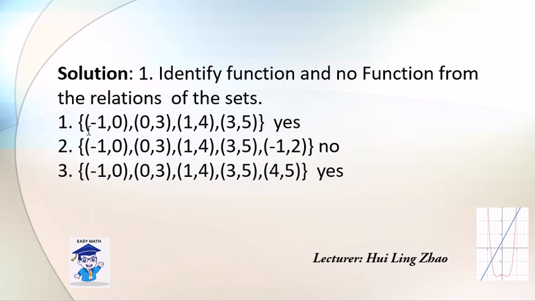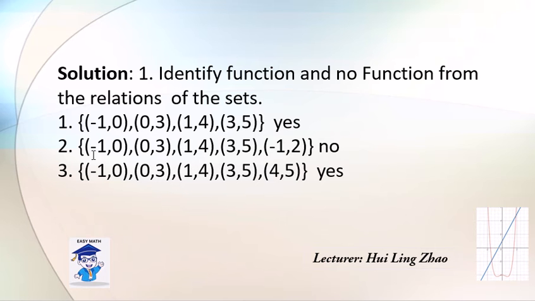For the first set, we check the x values: -1, 0, 1, 3. They are different x values, so we don't need to check the y values again. That means we verify this is a function.